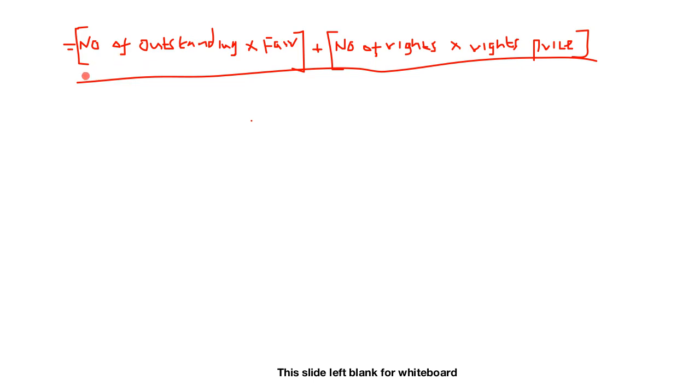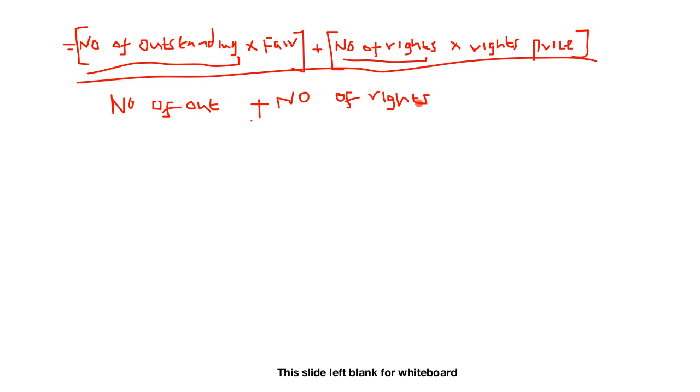So maybe I can just write it there: number of shares outstanding prior to rights issue, plus number of shares issued during the rights issue. So that is how we will get the theoretical value.